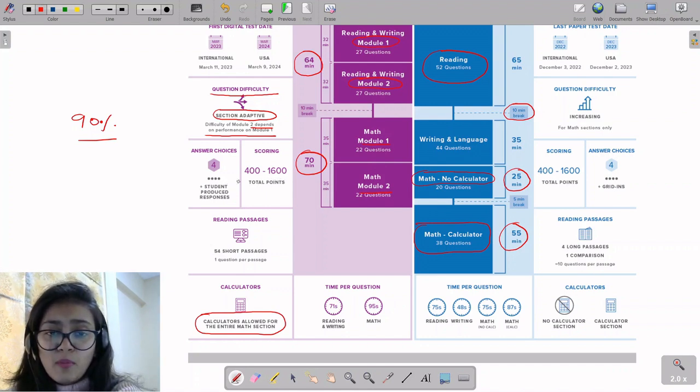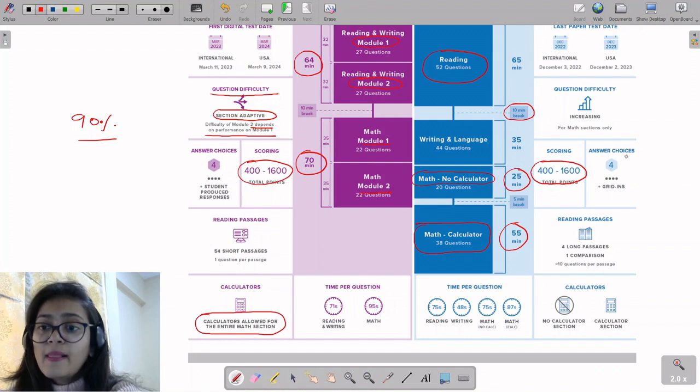Now, if I talk about scoring, the scoring is same. You're going to score between 400 to 1600, and in the paper version as well we used to score between 400 to 1600. In the paper version we used to have multiple choice questions with 4 answer choices, and we used to have grid-ins.